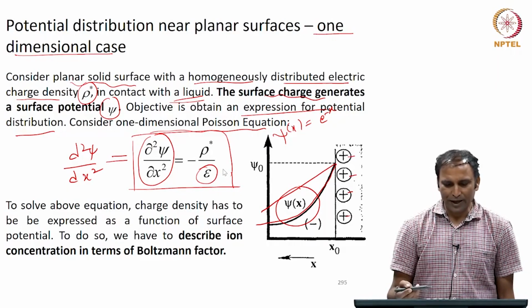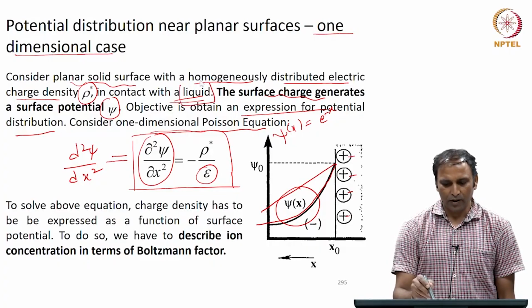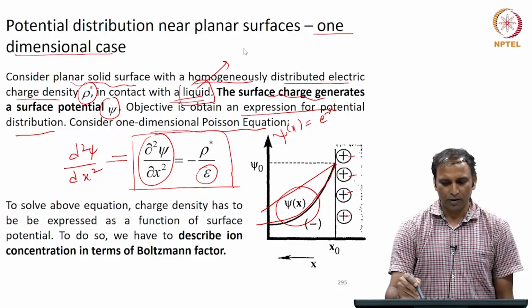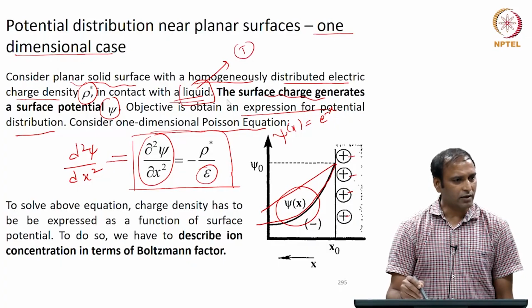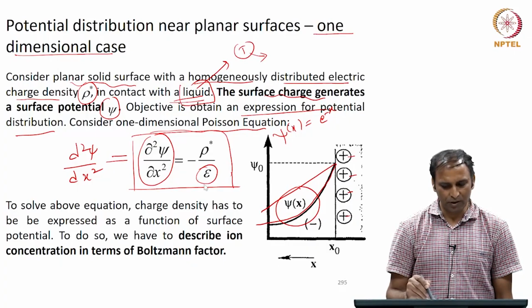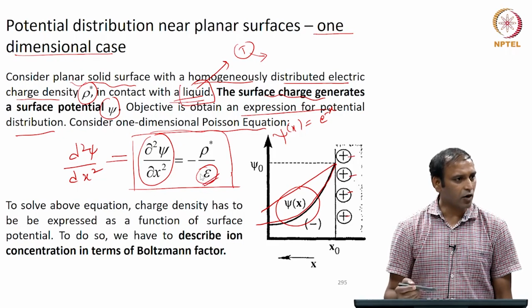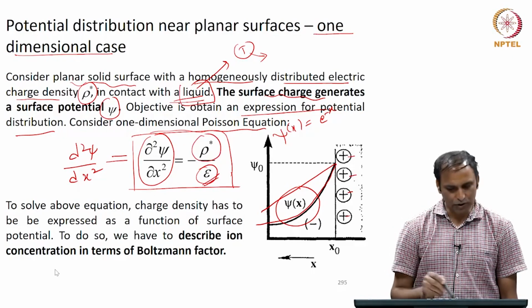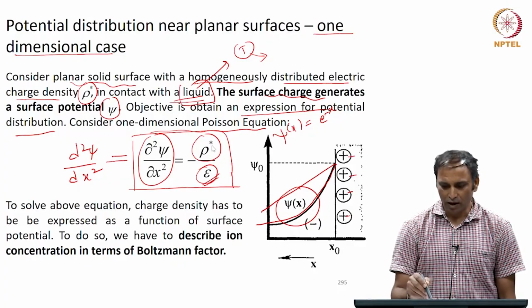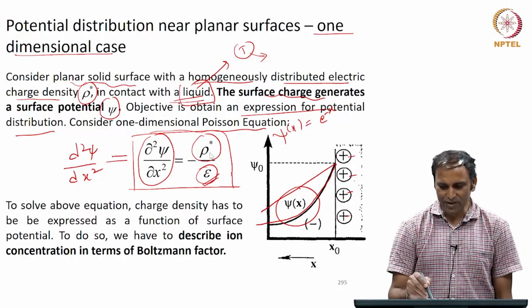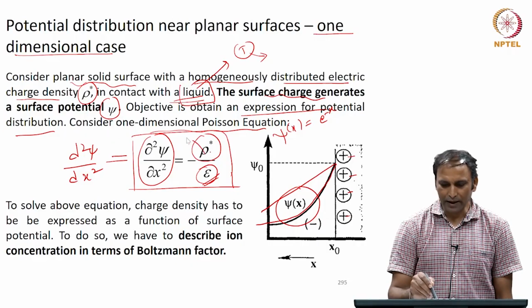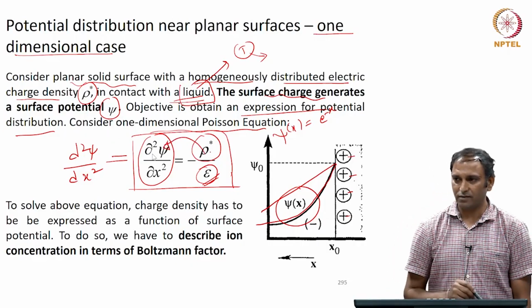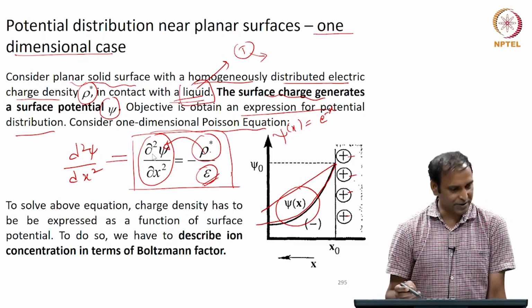If I am going to do an experiment in a liquid which is maintained at a particular temperature, and I know everything about the medium, your epsilon is going to be a constant. However, in order to actually solve this, I should somehow express rho star in terms of the potential itself. That is when I can solve this expression.